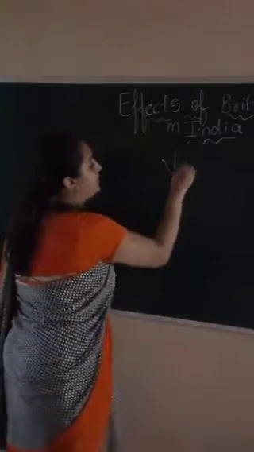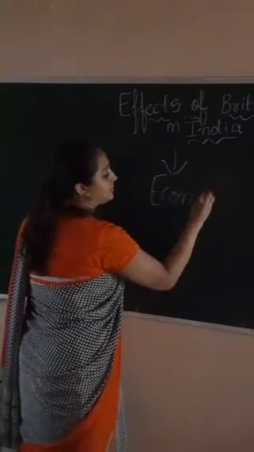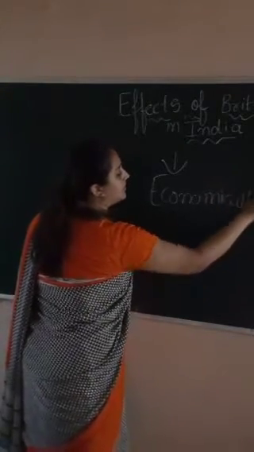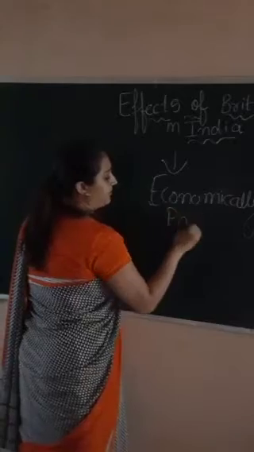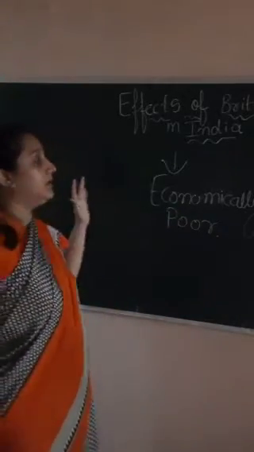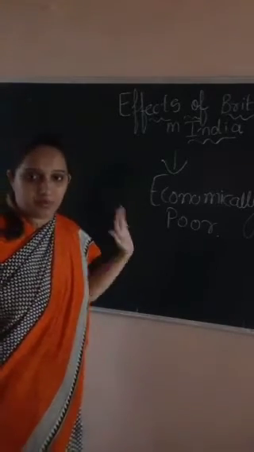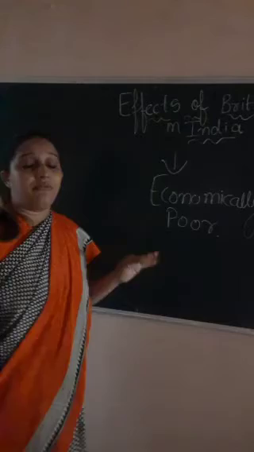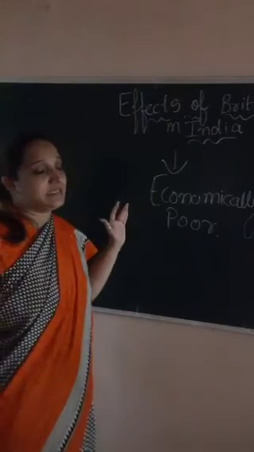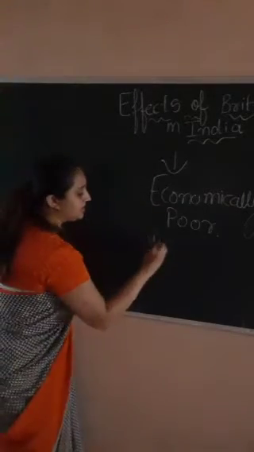So what happened? Economically poor. The people, the kings of India became economically poor. And if a state or place is economically poor, there is no proper administration, right?